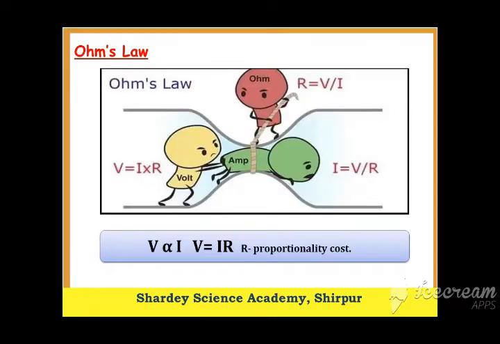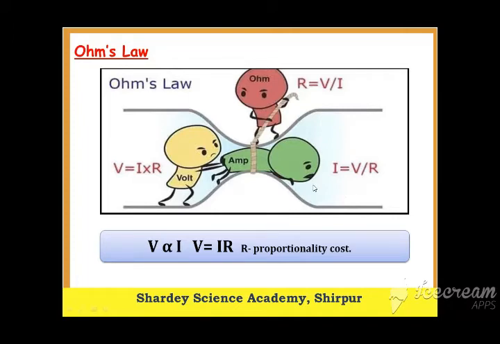Look at the picture. This picture shows exactly what Ohm's law is. As per Ohm's law, voltage is directly proportional to the current. By replacing this proportionality constant with R, we can write voltage is equal to current into resistor, and this is the statement of Ohm's law.